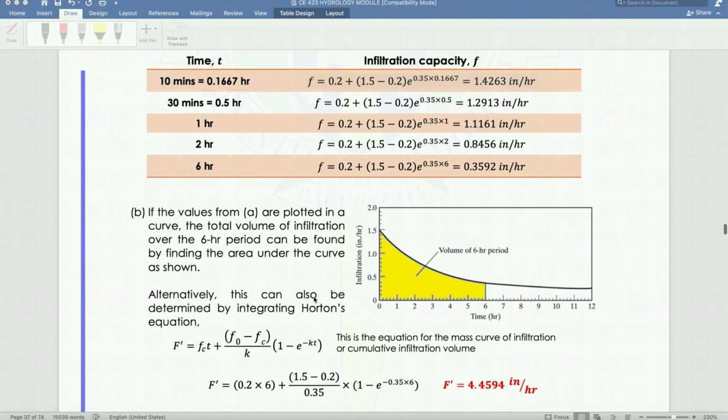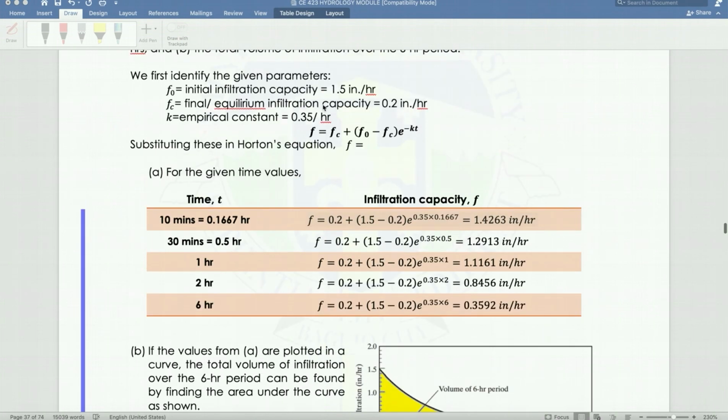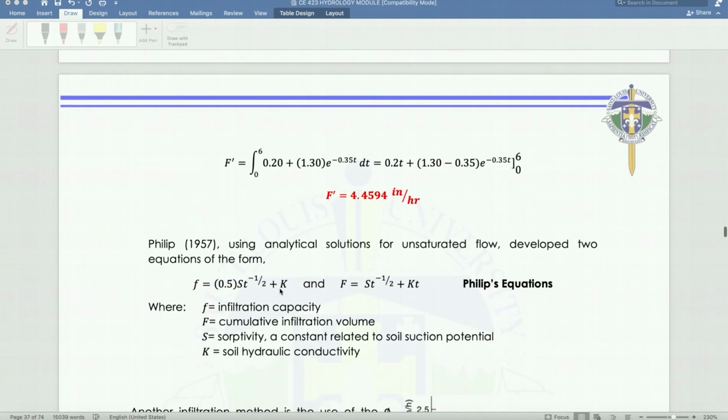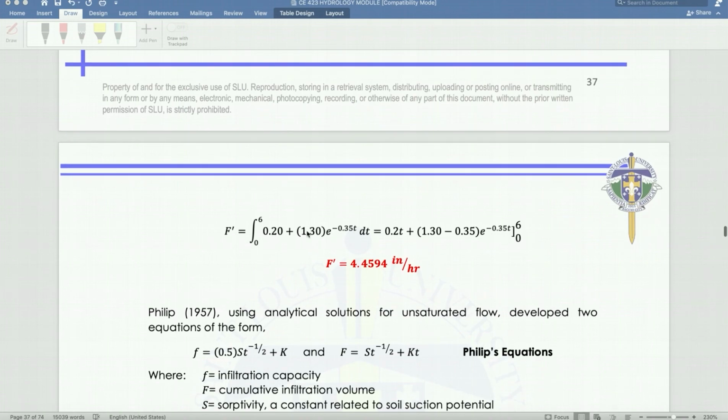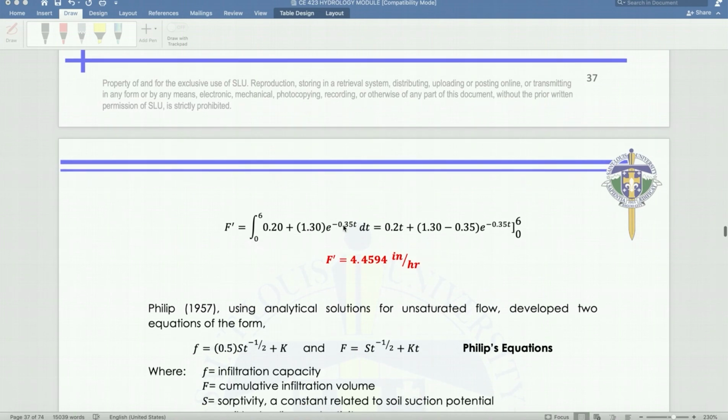Okay, so we integrate that. Because f here is a function of x, so we integrate that. We should arrive at the same answer. So 0.2 times 1.5 minus 0.2, that is 1.3, times e raised to negative 0.35 times time. And our time here is from 0 to 6.